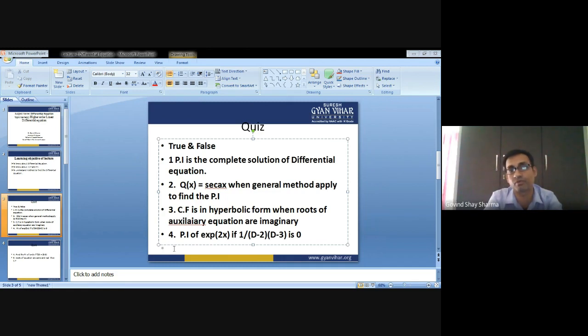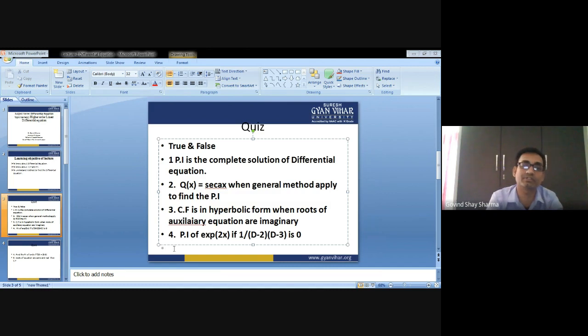The integrating factor is e to the power integral P dx, and P here is a, so it becomes e to the power ax. Now we apply y times IF is equal to the integral of Q times IF. So this will give you the general method to find PI. I hope in the last lecture I also showed how to find PI, so try this method again and practice to find out the PI.